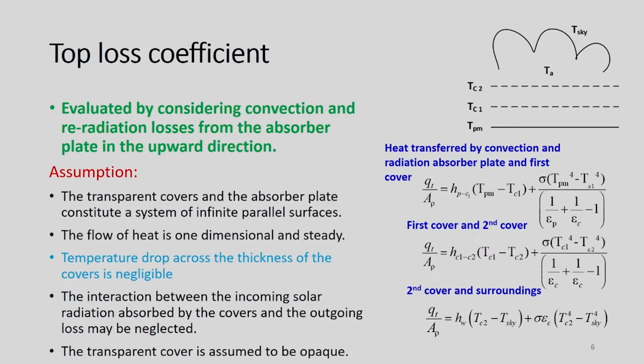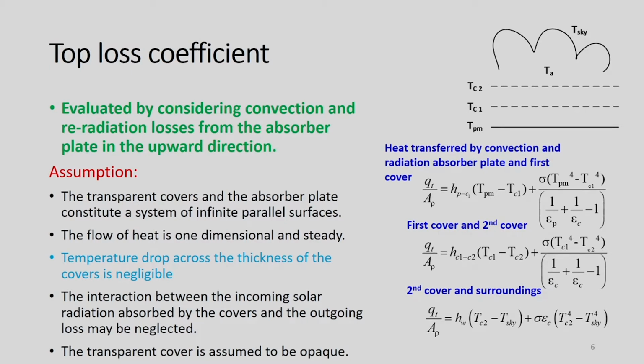Now, let us have a look at how to estimate the top loss coefficient. This top loss coefficient can be evaluated by considering convection and radiation losses from the absorber plate in the upward direction.